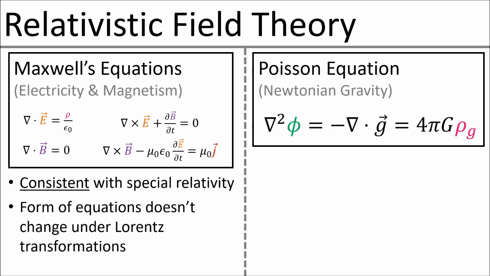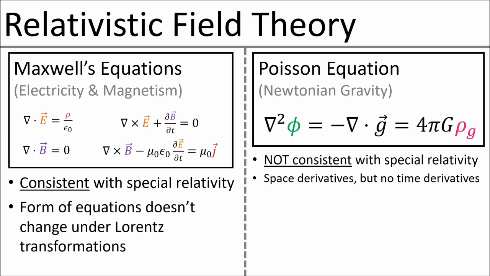However, the field theory formulation of Newtonian gravity is not consistent with special relativity. Unlike Maxwell's equations, there is only one Poisson equation for gravity, and there are space derivatives but no time derivatives. This equation also changes form under the Lorentz transformations.